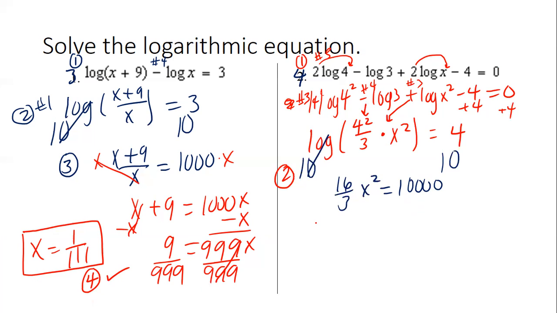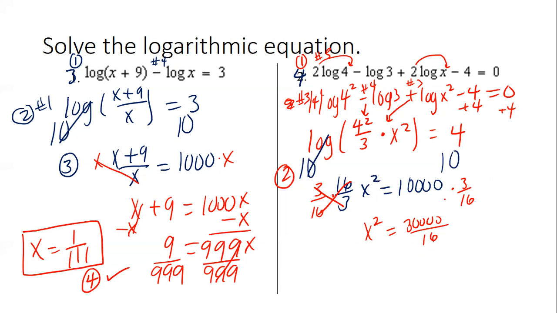All right. So how do I get x by itself? Multiply by the what? Starts with R. Reciprocal. So we have 3 over 16. Cancels out on this side, and we're going to multiply 3 over 16. So we're left with x squared equals 30,000 over 16.